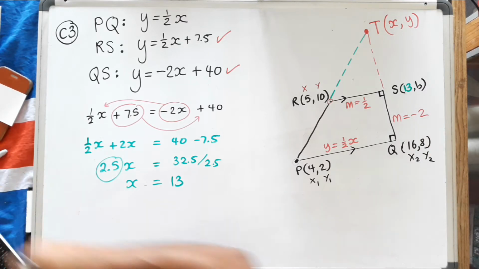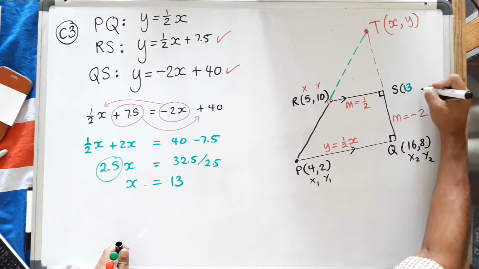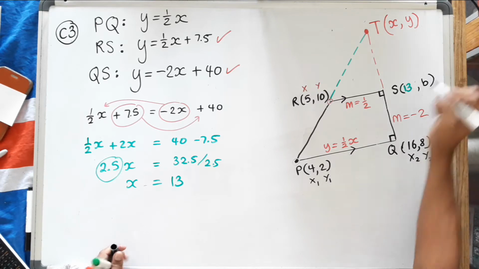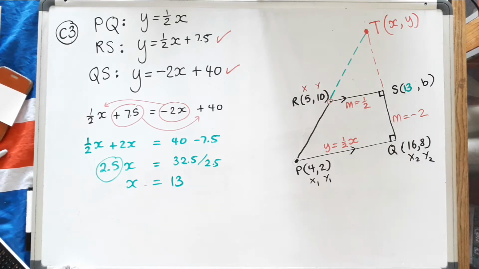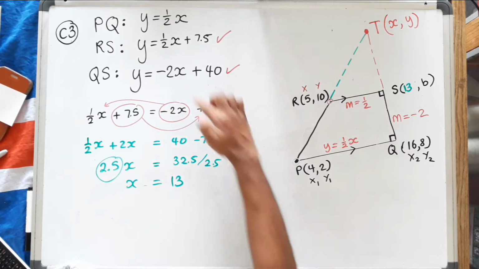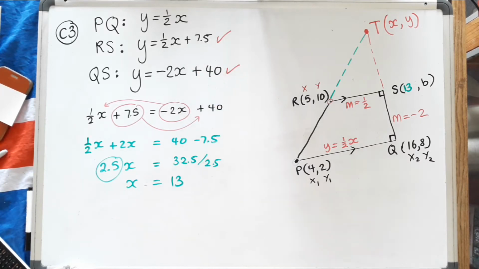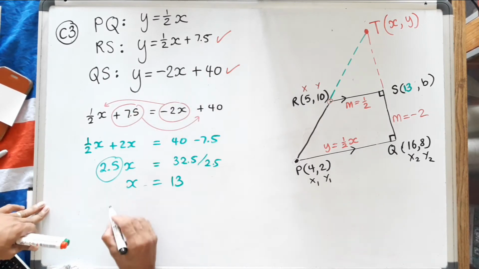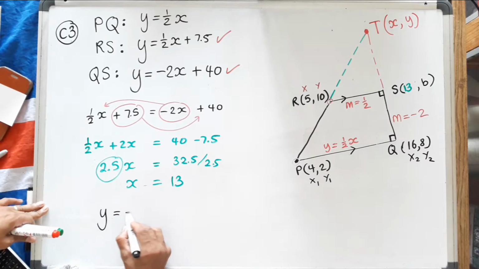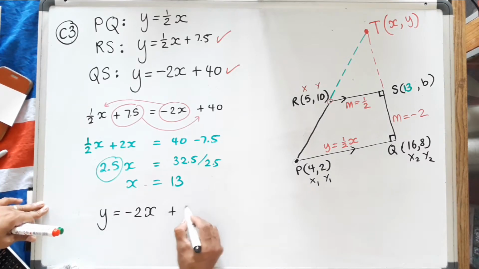Right, have a good feeling I'm going to have to make this brackets a little bit bigger when it's time to tell you B. Alright, to find B, we run back to any one of these two equations. Both of them will give us the same answer. Let's run back to QS. The values here look a little bit more friendly. We just figured out x was 13.